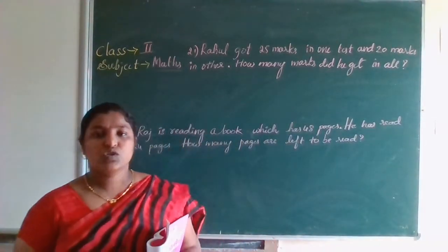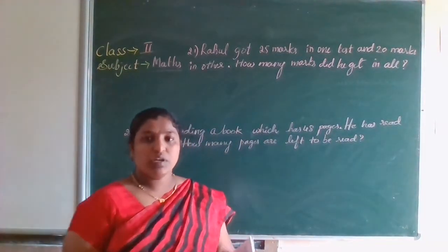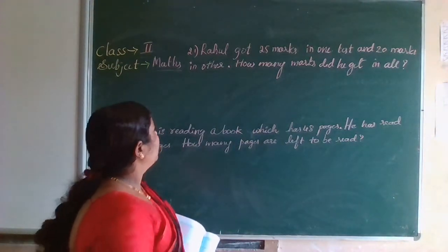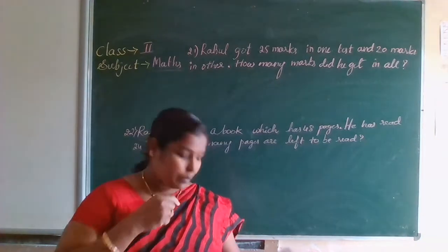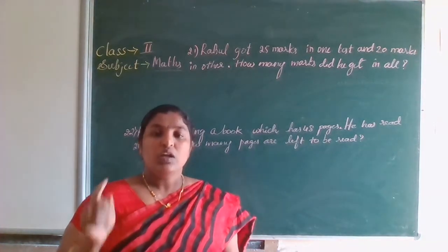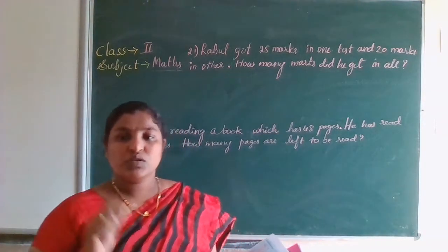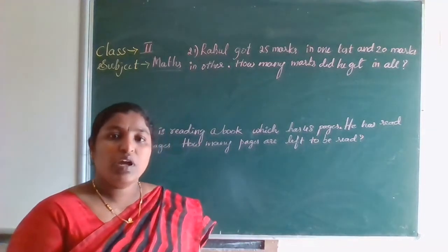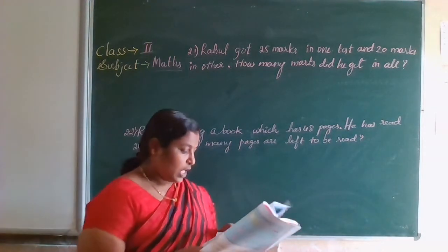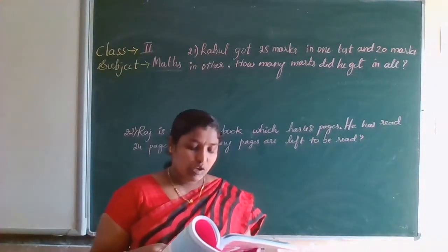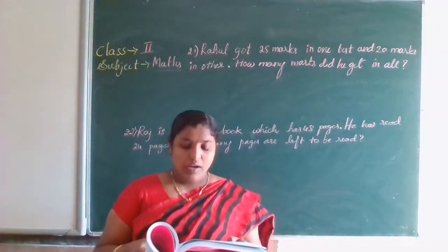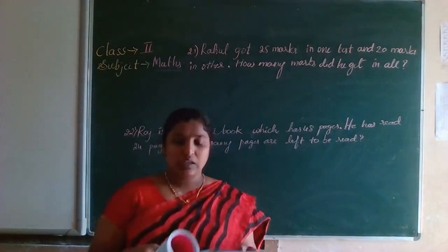See children, next question. Question number 21. You can read it out from your textbook. Do you have the textbook? Open it. Page number 172. I will read the question, you also read it. Question number 21. Rahul got 25 marks in one test and 20 marks in the other.